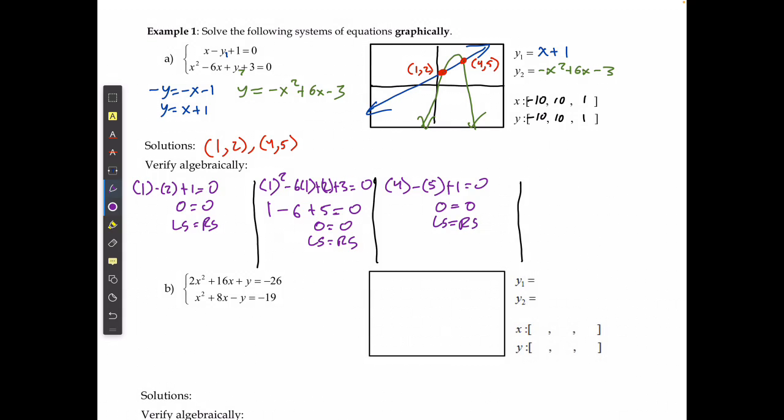And I do the same thing with my second equation. 4 squared minus 6 times 4 plus 5 plus 3 is equal to 0. 16 minus 24, 5 and 3 is going to be 8, is equal to 0, and these ones balance out as well. So both solutions work in both equations. This is my correct set of solutions.